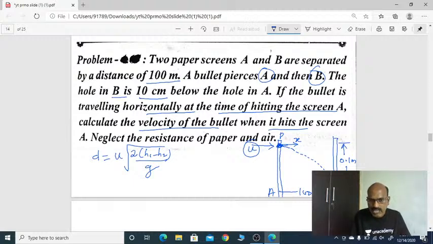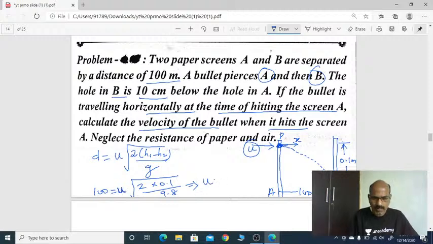The distance between the two paper screens is 100 equal to u into root of 2 into (h1 minus h2) by g. The difference h1 minus h2 is given as 0.1, by g, 9.8. Simplify. You need to find u. Keep u on this side, cross multiply the remaining, and find out. You will get 700 meter per second.